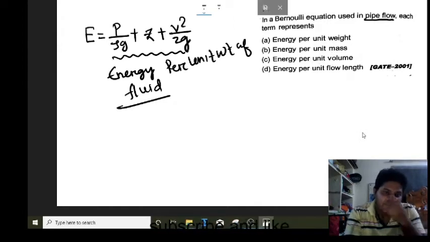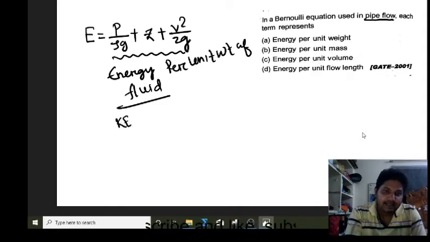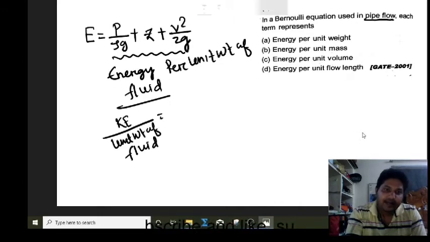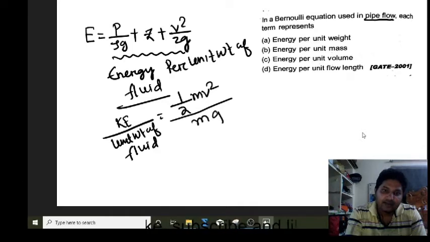Suppose for example I am considering the kinetic energy. So kinetic energy per unit weight of fluid, I can write as half m v square divided by the weight, m into g. So the mass is gone, and this comes out to be v square by 2g.